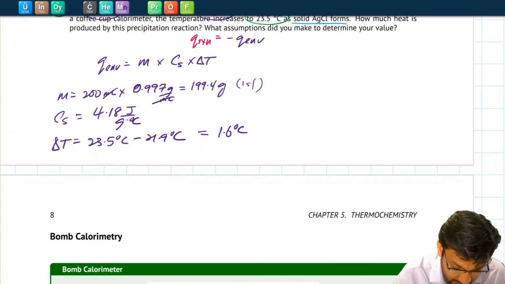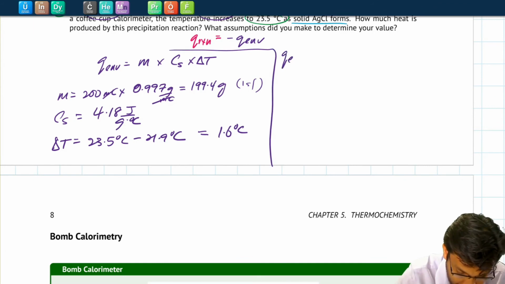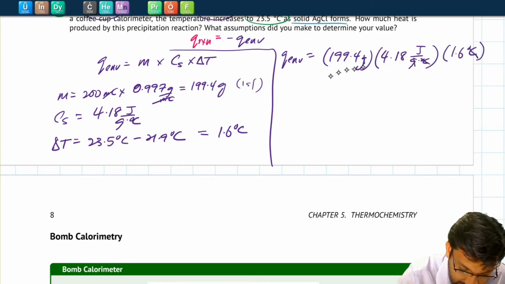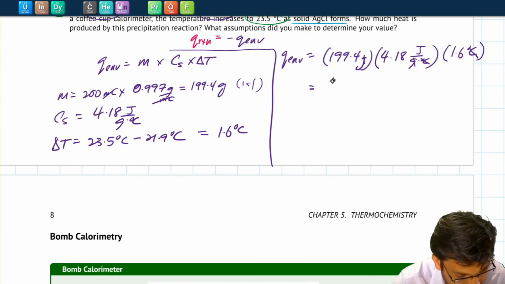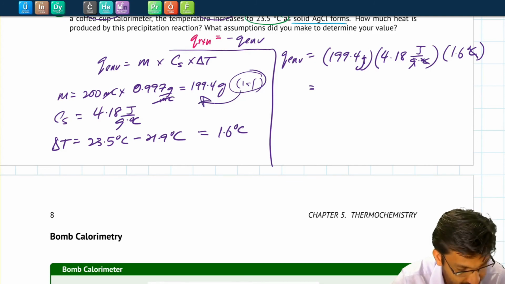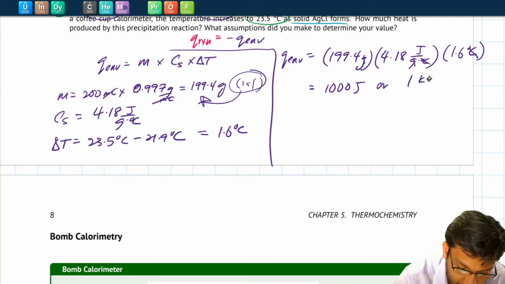Okay, so now that we have the mass, the specific heat capacity, and the temperature, we can find the Q for the environment as 199.4 grams times 4.18 joules per gram per degree Celsius times 1.6 degrees Celsius, which cancels out nicely to give us an answer of, rounded to 1 sig fig, right? Because our mass is actually 1 sig fig. We get an answer about 1,000 joules or 1 kilojoule.